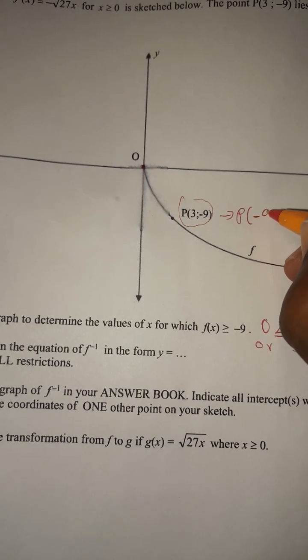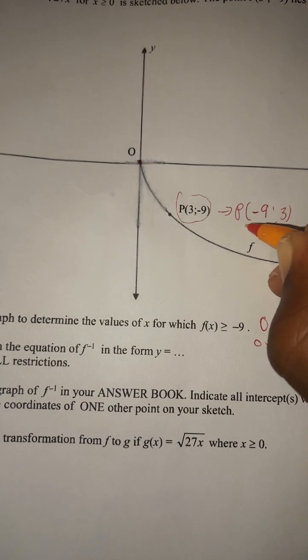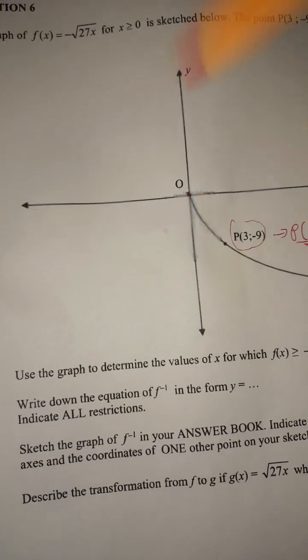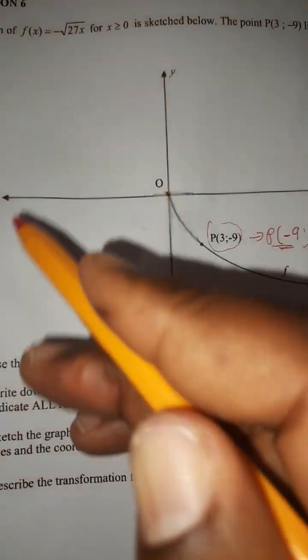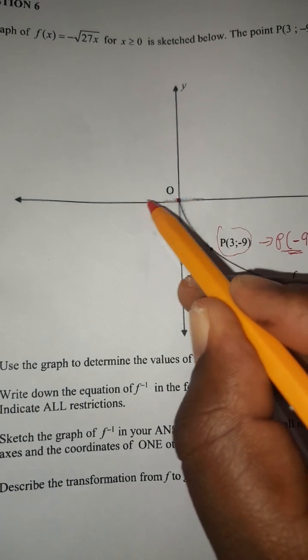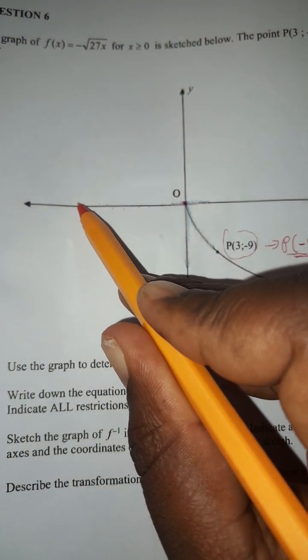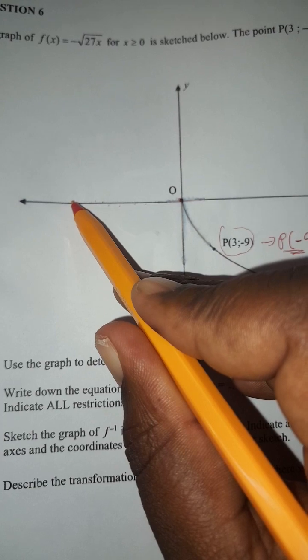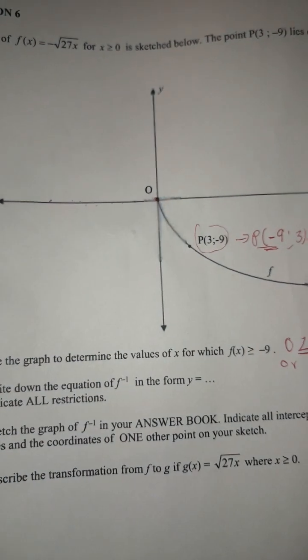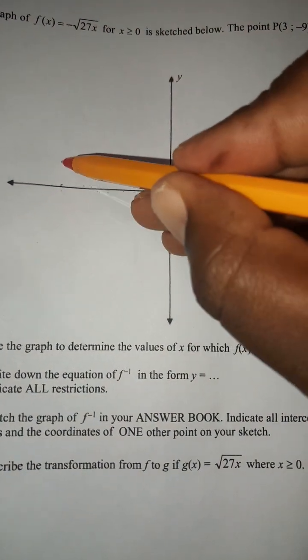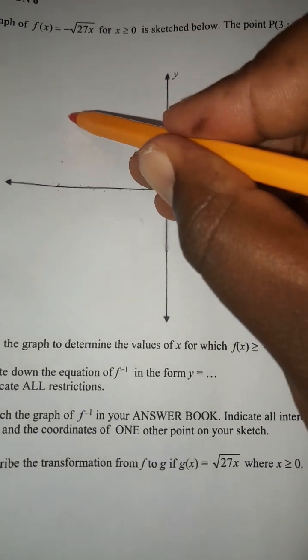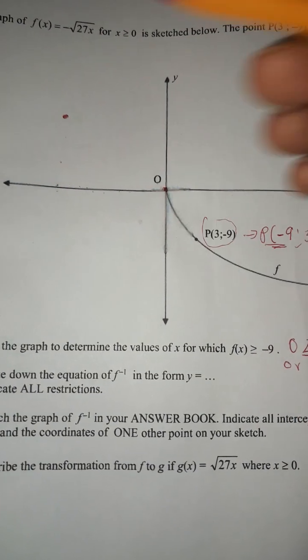In this manner, it will be (-9; 3). So we're having another coordinate, and we'll put it on the other side because -9 is on the other side. So it's 0, 1, 2, 3, 4, 5, 6, 7, 8, 9. We have -9 here, and 3 upward. So 0, 1, 2, 3. We are going to have a point here.